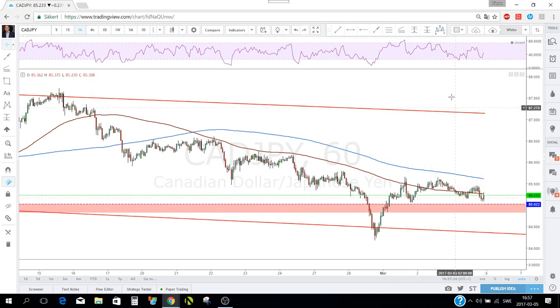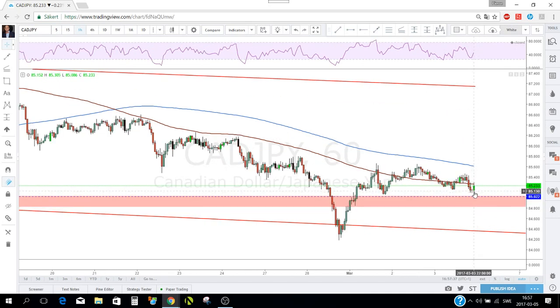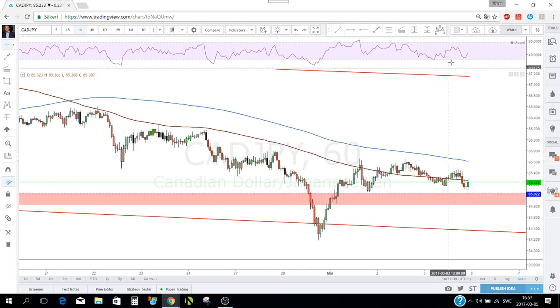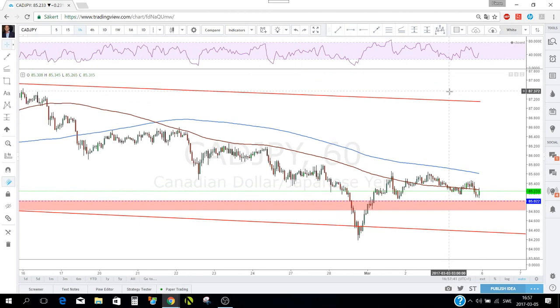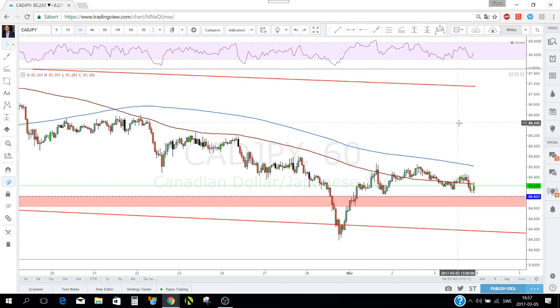We do have this ongoing divergence here: one, two, three tops, all three higher, and we actually have a lower low on price. So that's good also, but that alone is not enough.